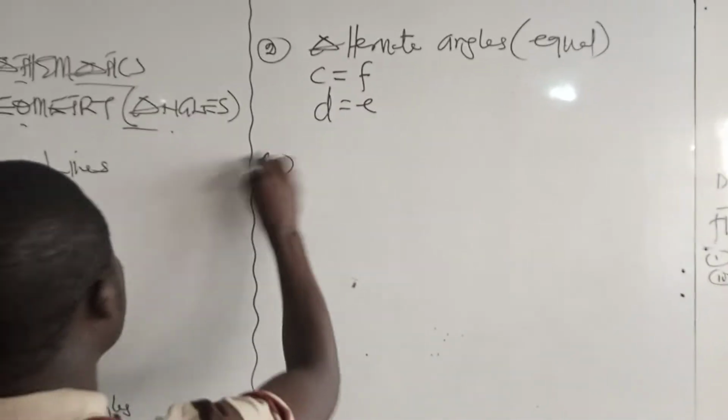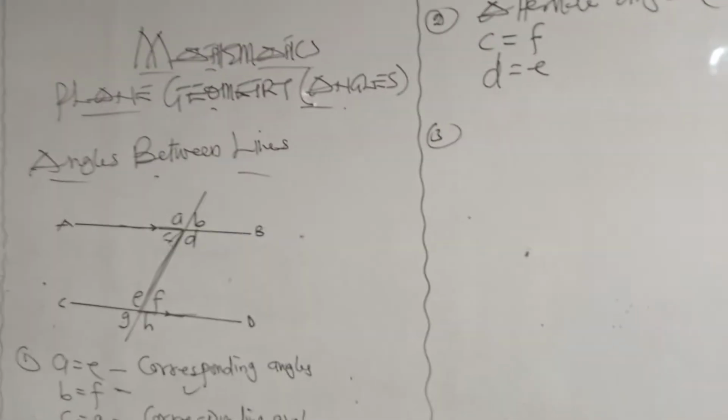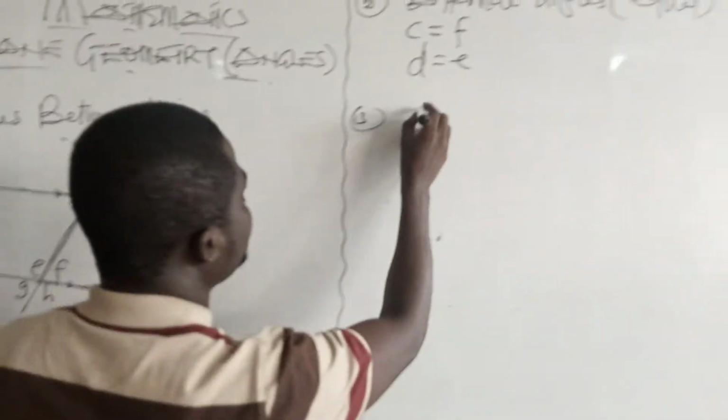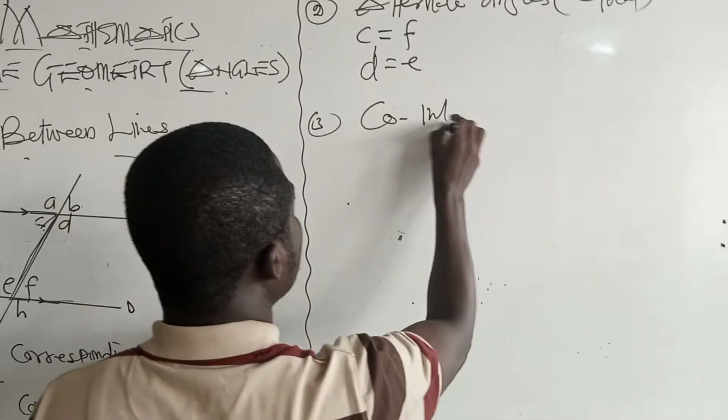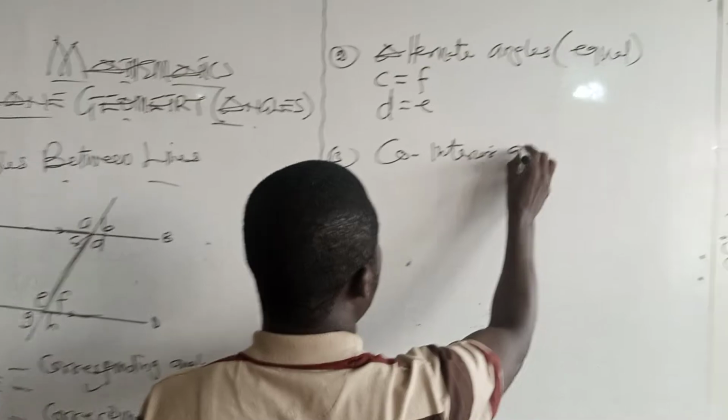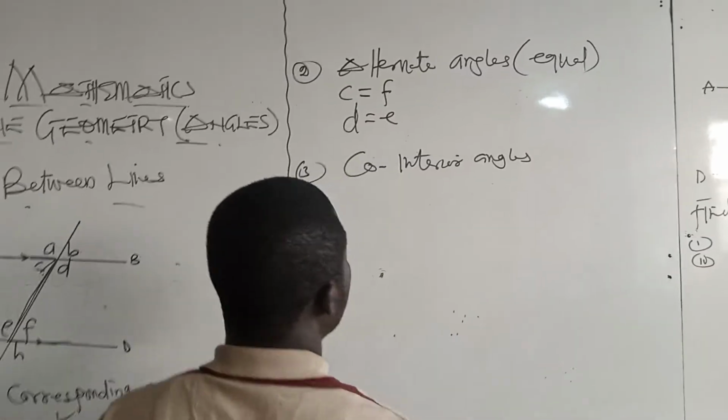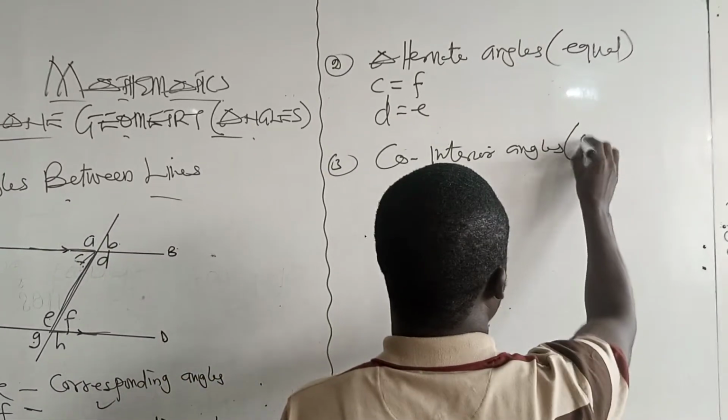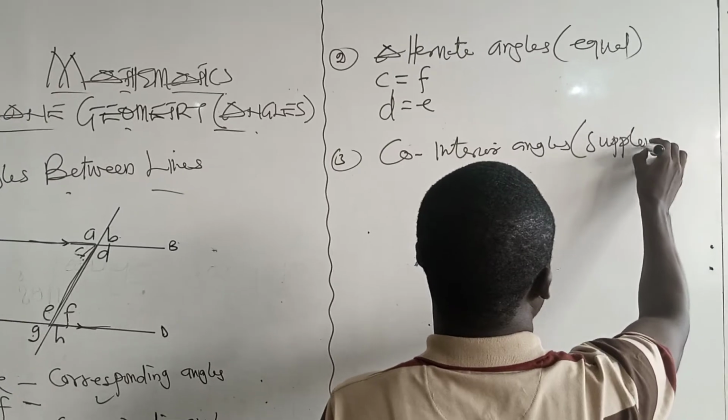Let's go to number 3. Number 3, we have co-interior angles. Also known as supplementary angle.